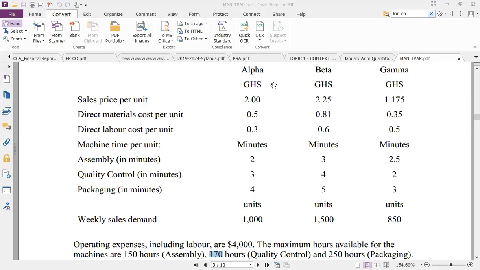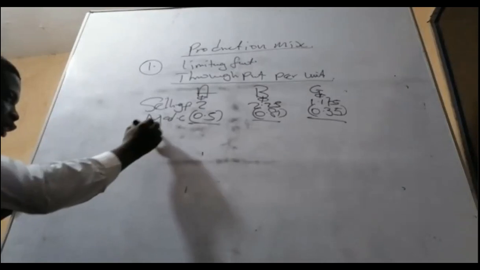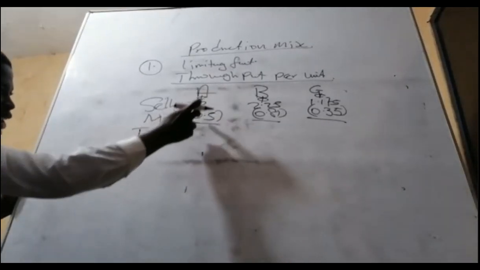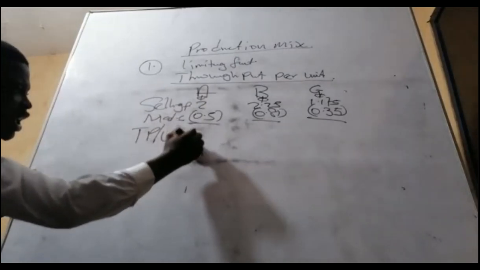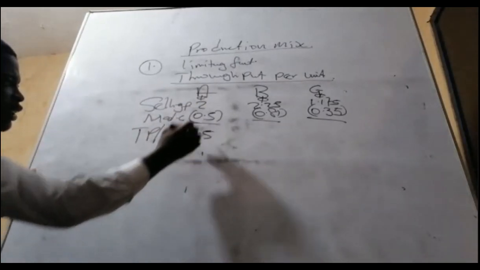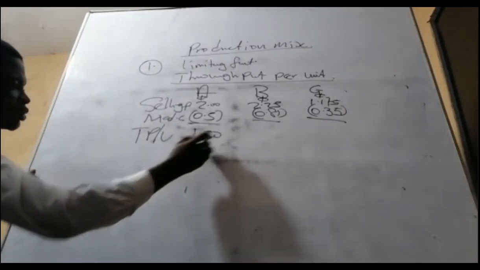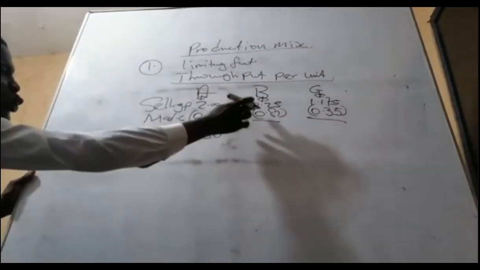Good. Now give me the throughput per unit. So 2 cedis, that's the selling price, less 0.5 will give us 1.5. But let me add 0.00 here, so that will be 1.50. Then 2.25 less 0.81. What do you think will be the answer?